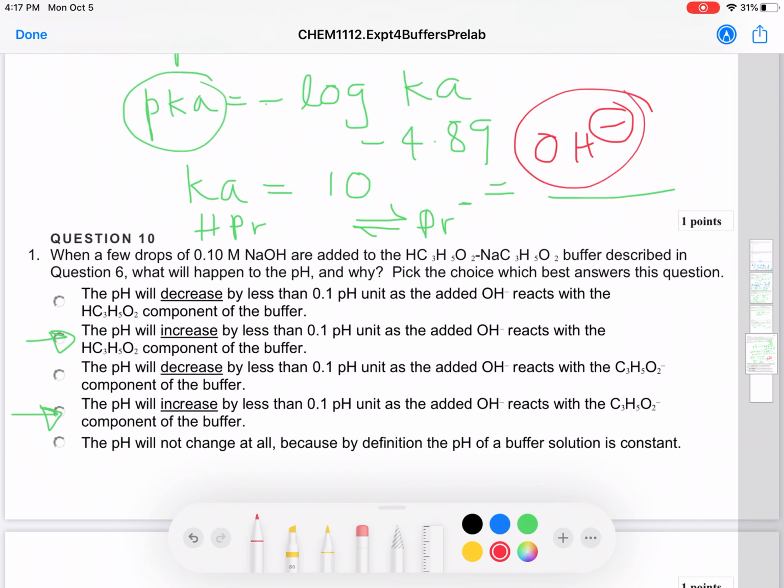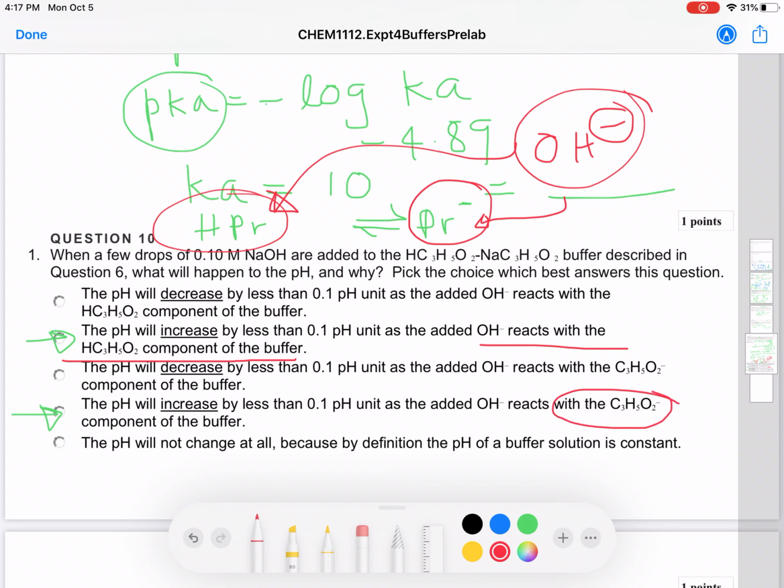Is hydroxide going to react with the conjugate base, or with the acid component of the buffer? It's the acid component, right? So the pH will increase less than 0.1 as the added hydroxide reacts with the propionic acid component of the buffer, not the conjugate base. So the correct answer choice is going to be this one.